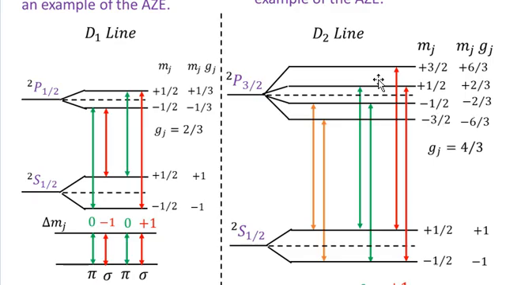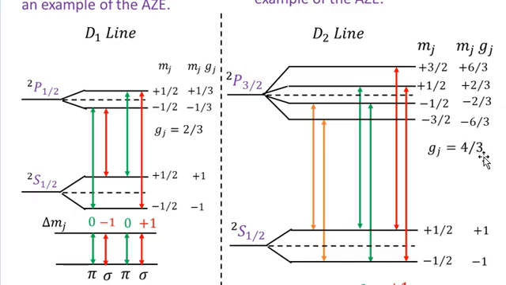And you know that for the upper state level, the gJ factor, which is the Lande g factor, is 4 by 3. And you can compare this with the case of the D1 line. For the upper state, the Lande g factor was 2 by 3. But here, for the P3/2 state, the Lande g factor is 4 by 3.